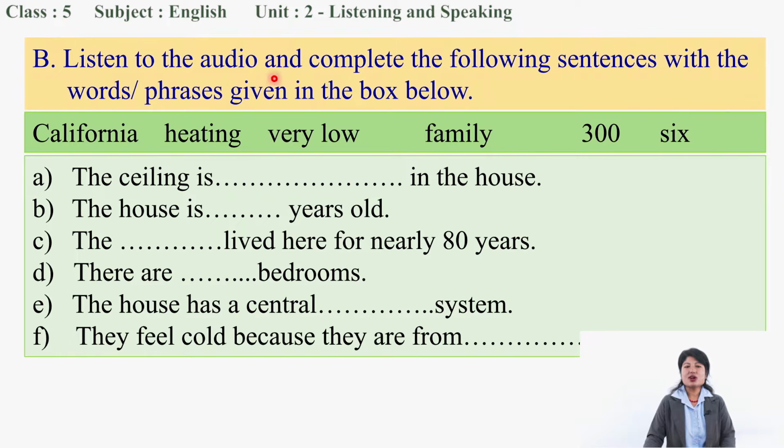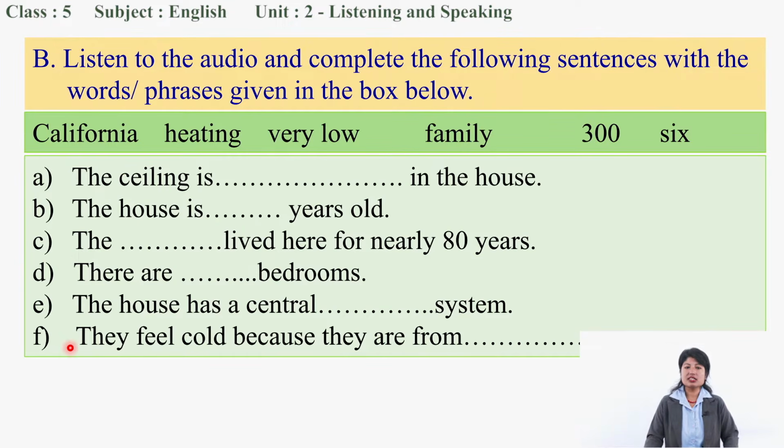Listen to the audio and complete the following sentences with the words or phrases given in the box below. Okay, we have these words: California, heating, very low. A phrase you have to take as one. Very low, family, 300 and 6, they are separately different.